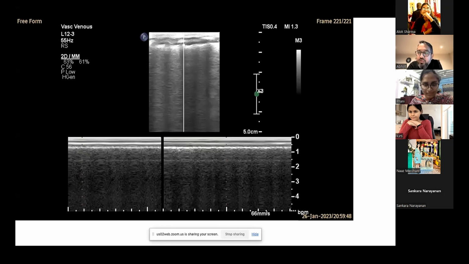Some of the scanners also come with the eye scan button, which does this job for you. So if you hit the eye scan, it automatically adjusts. But mind you, first we need to get the focus right before we hit that eye scan, because it's going to focus on that particular area where you are keeping the focus. So try changing the mode and see if you go to superficial and the machine allows you to change your gain settings.